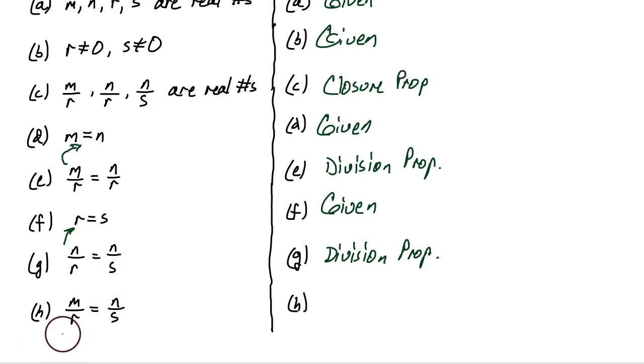Finally, statement H. Why can we write m divided by r equals n divided by s? We'll take a look at this statement from earlier and this statement from earlier. If n divided by r is equal to n divided by s, then the n divided by s can be substituted for n divided by r. That's the substitution property.